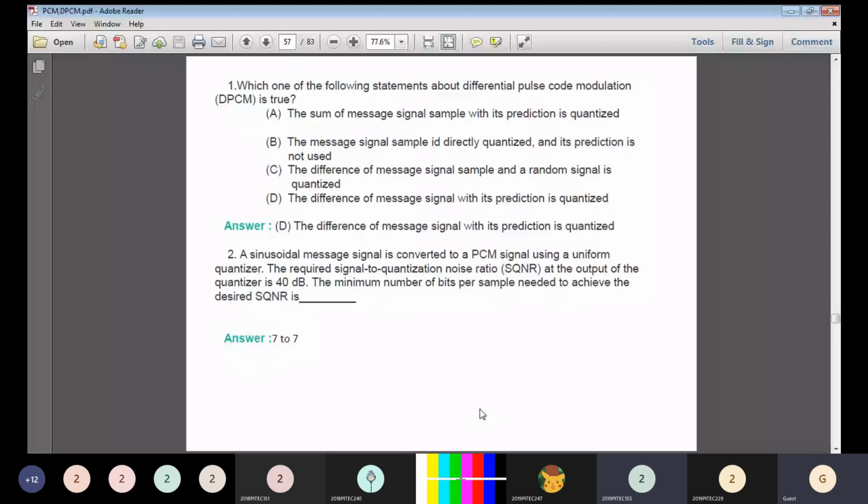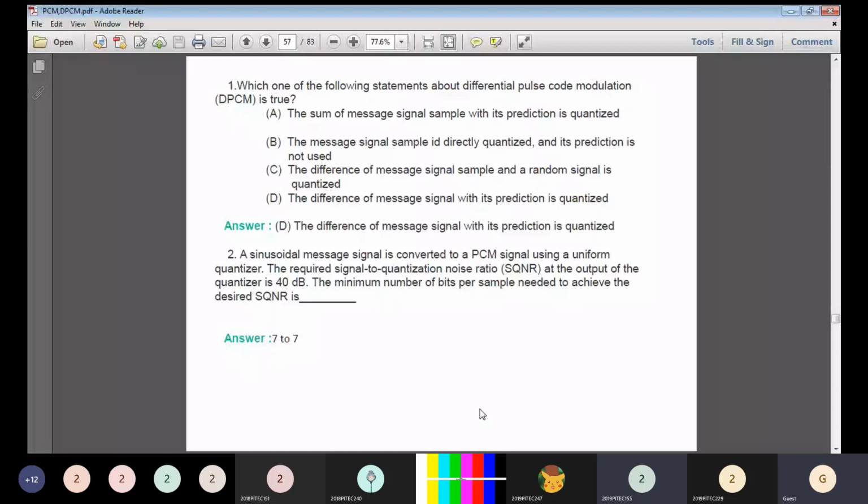We are taking the prediction of samples. The prediction value and the original sample value are compared, quantized and transmitted as coded pulses.